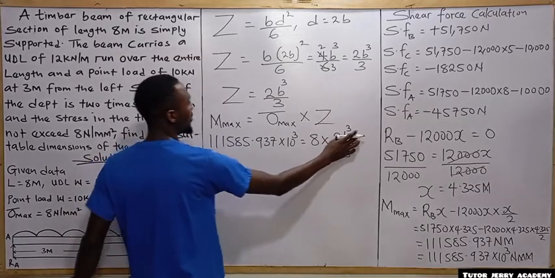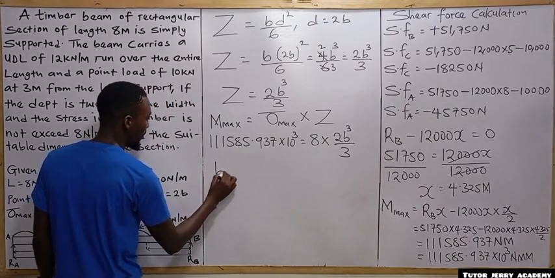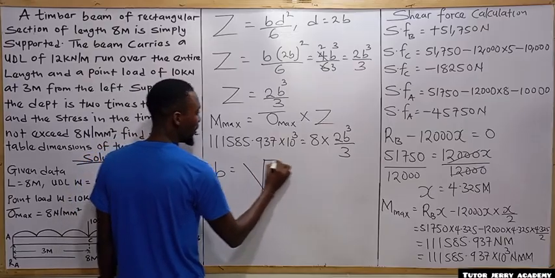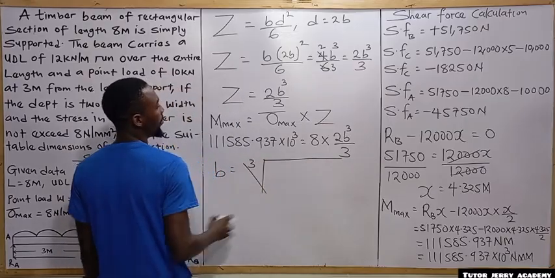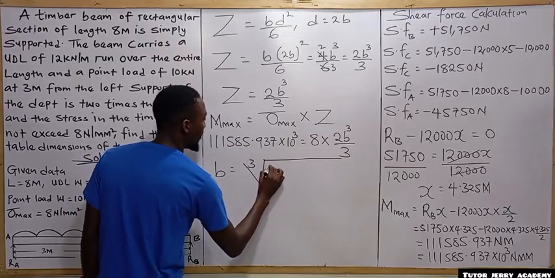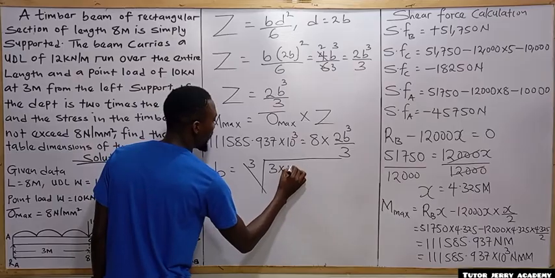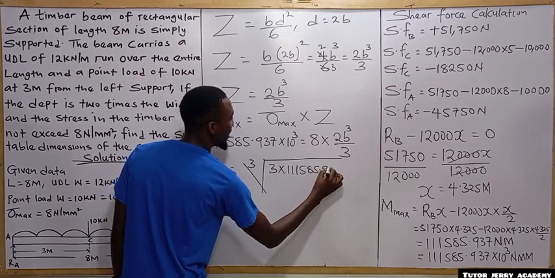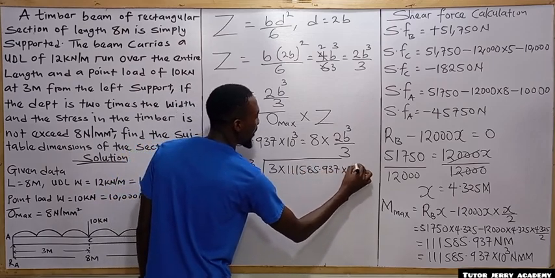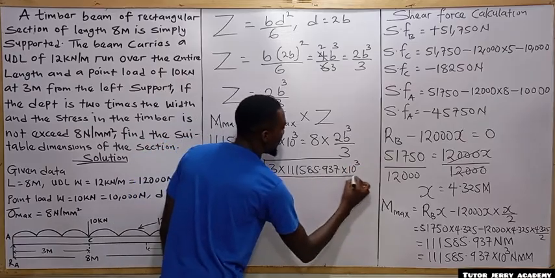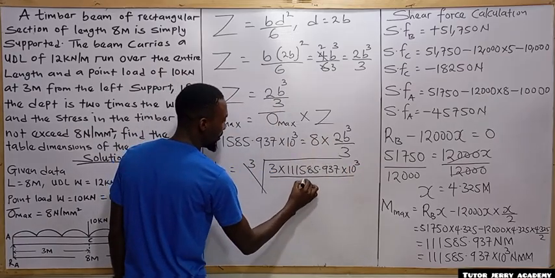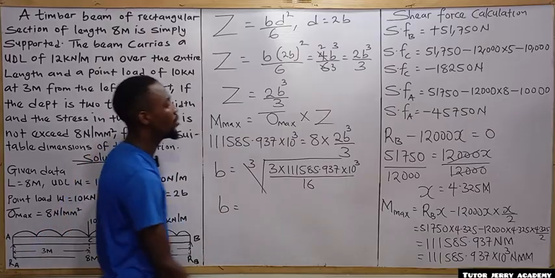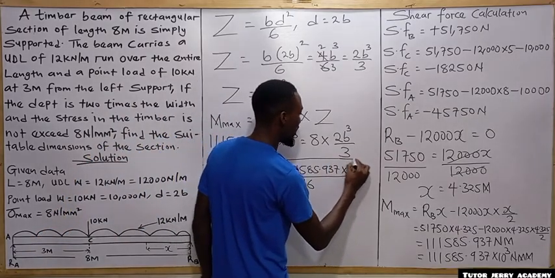So if we make b the subject, our b will be equal to the cube root of 3 multiplied by 11585.937 times 10 to the power of 3, then divided by 2 times 8, which is 16.